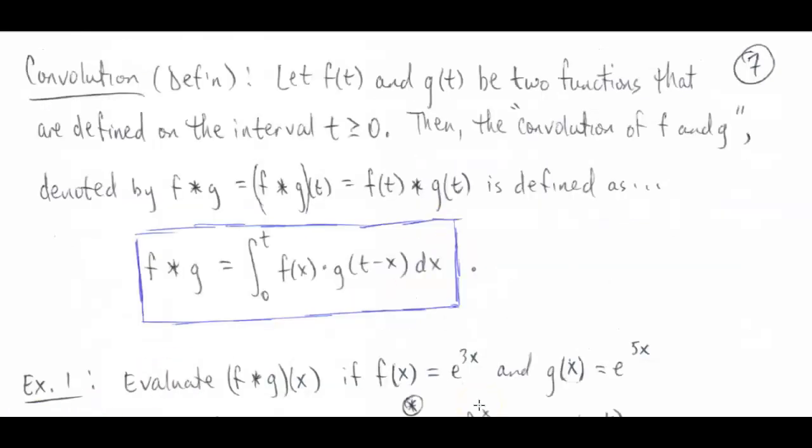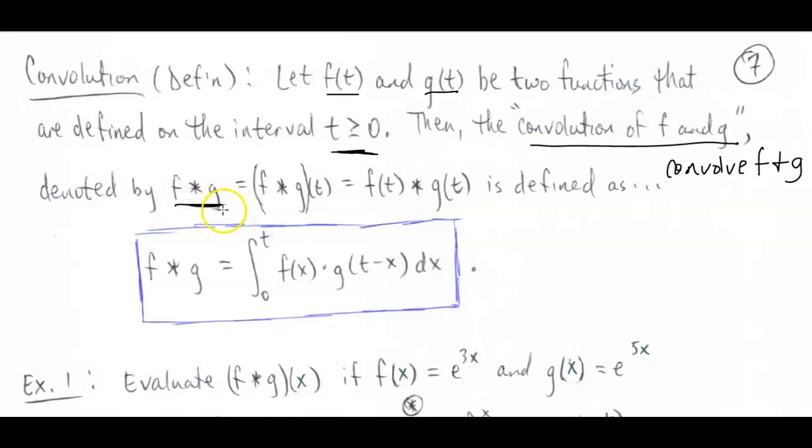So the definition of convolution is, we say let f and g of t, for both of those, be two functions that are defined on some interval from 0 to infinity, where the functions are defined at 0. Then we say that the convolution of the two functions f and g, or put another way, we convolve f and g, is denoted by this notation here.